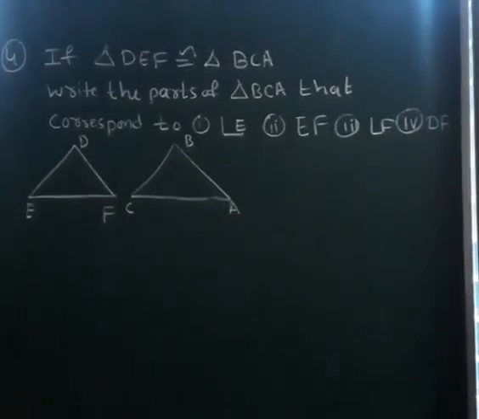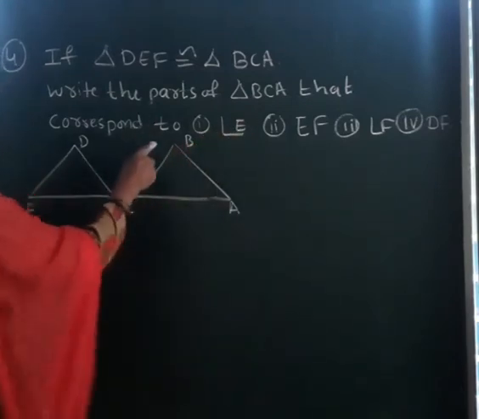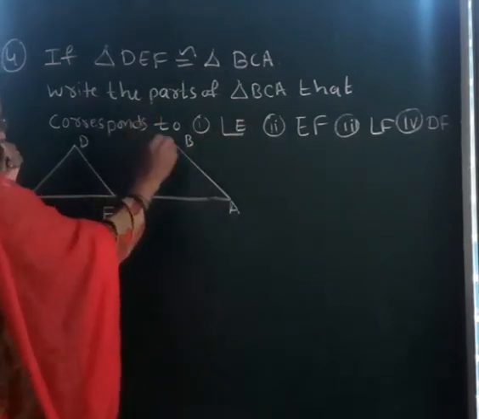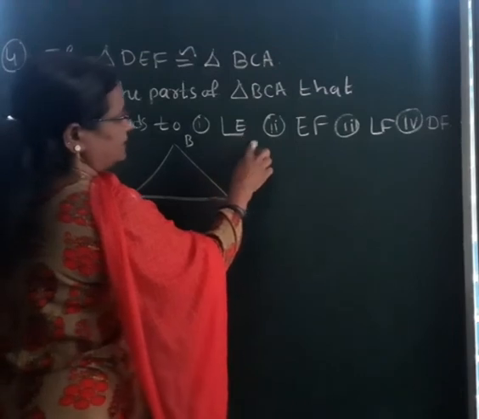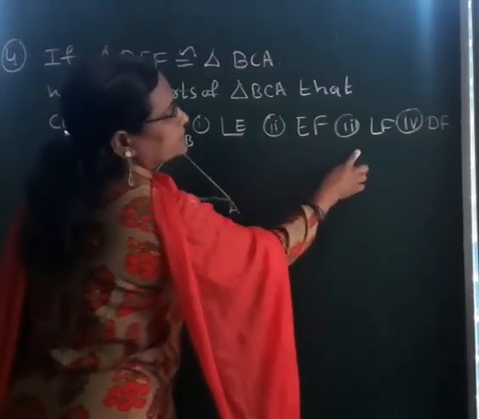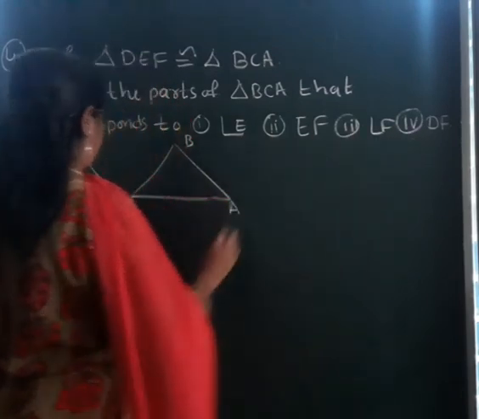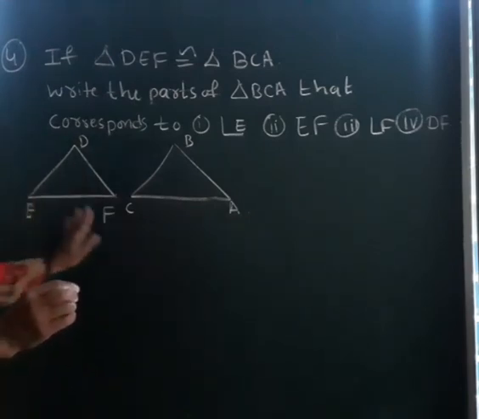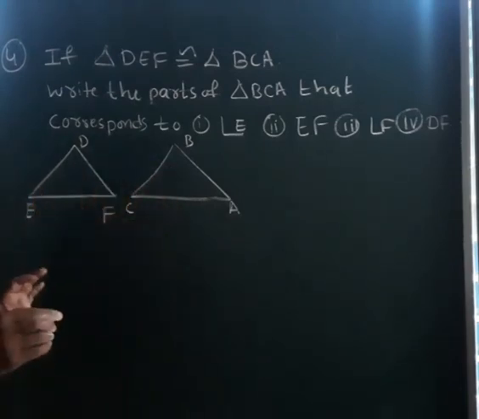Question number 4. If triangle DEF is congruent to triangle BCA, write the parts of triangle BCA that correspond to: first one angle E, second one EF, third one angle F, and then DF. Now here DEF and BCA are the triangles.